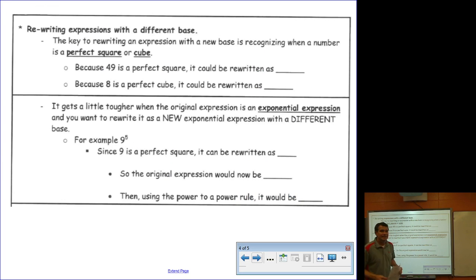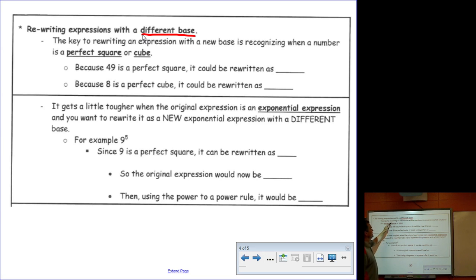All right. Now that we've compared these, we want to be able to compare exponential expressions, possibly, that have different bases. And the way you do that is to rewrite them so they have the same base. This is the new skill in the notes. Rewriting expressions with a different base.